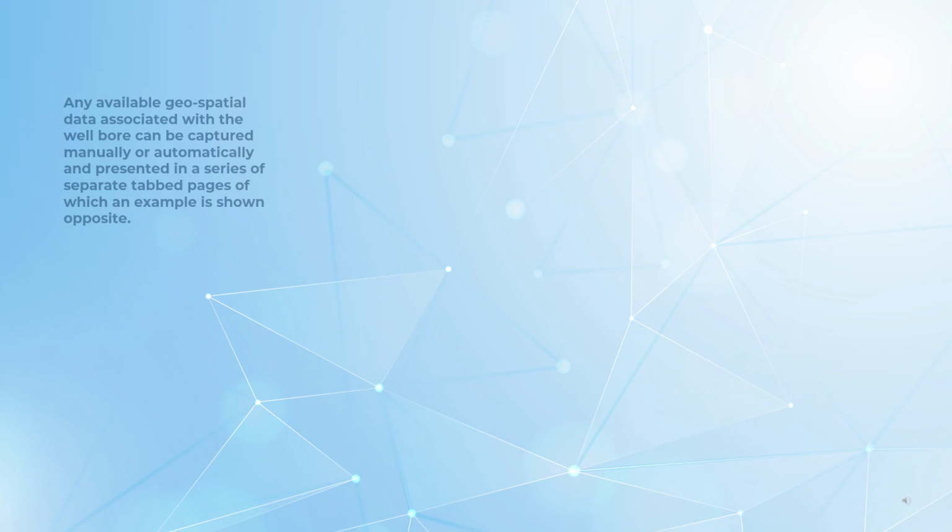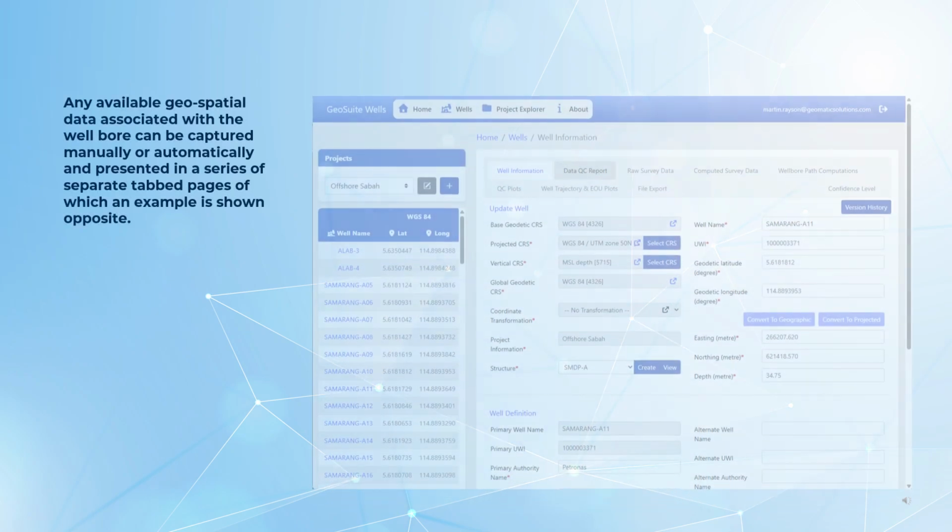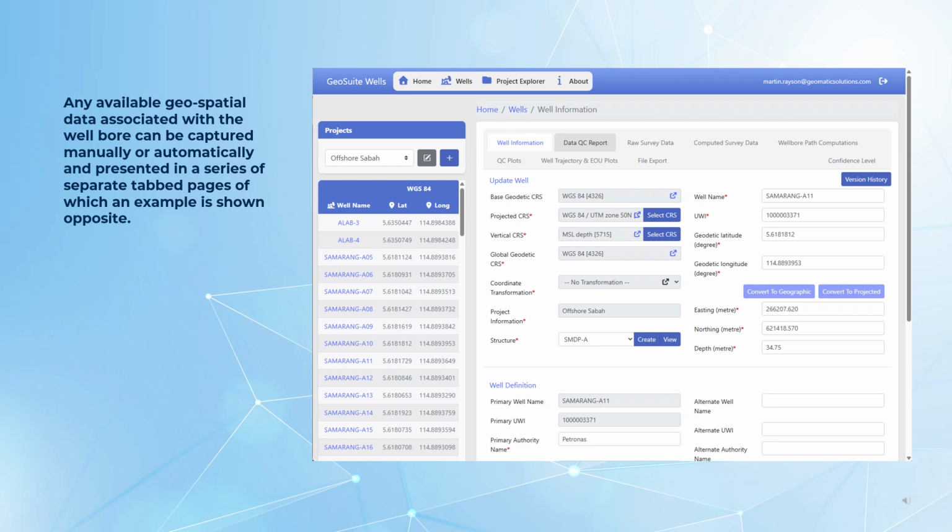Any available geospatial data associated with the wellbore can be captured manually or automatically and presented in a series of separate tabbed pages, of which an example is shown opposite.